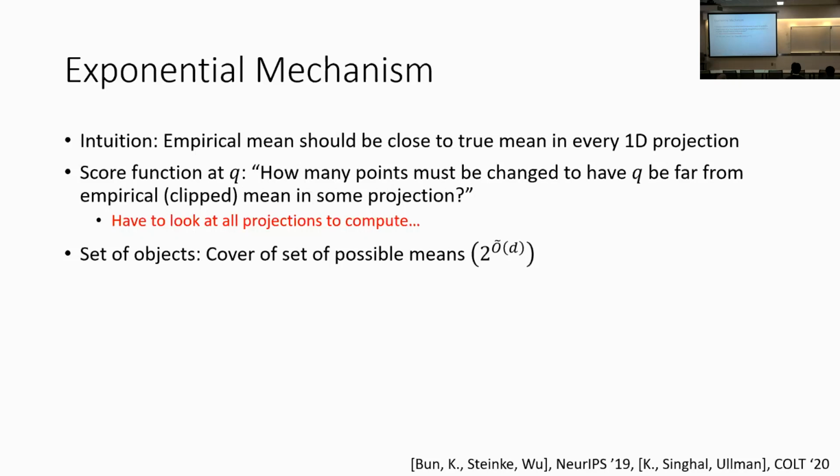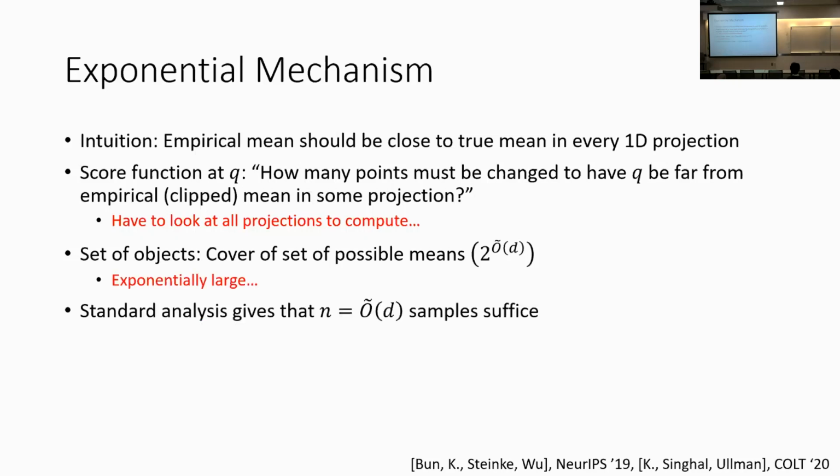There's 2 to the d different points which could be a good output of the mean. So to summarize, there's a lot of different candidates we'll have to consider, not just 3 like we had in the election case, and each one to compute a score function is also computationally hard. So these are the big computational issues we'll face. But let's put those aside for now.